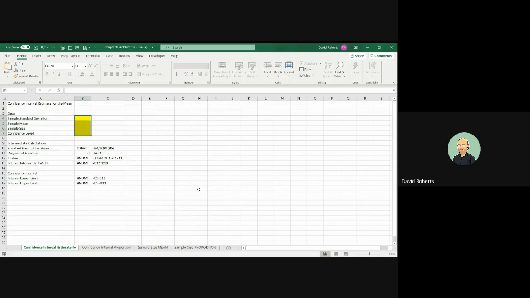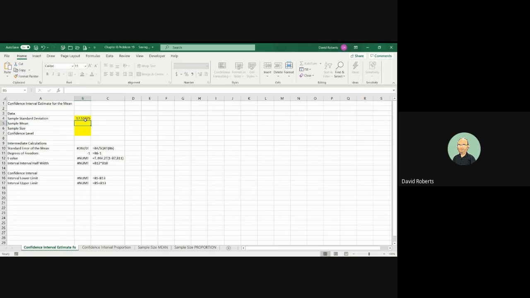I'm going to start off all of the examples with the spreadsheet that I have, the tab that I have, confidence interval estimate for mean, and we are going to then have to select. We're not determining a sample size. So when we do that, we have the values of 17.1075, 1, 203.